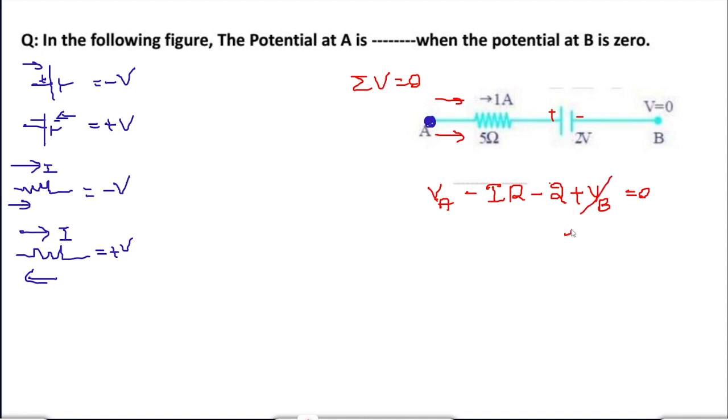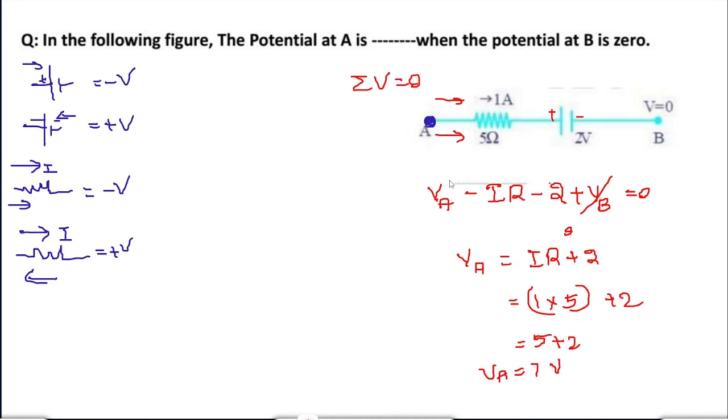So anyway VB is 0, right? So I can write VA equals IR plus 2. What is I here? 1 ampere into resistance 5, plus 2, that is nothing but 7 volts. Okay, so the voltage at this point is 7 volts.